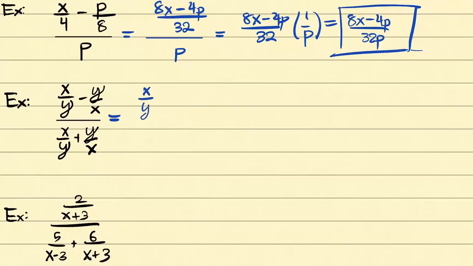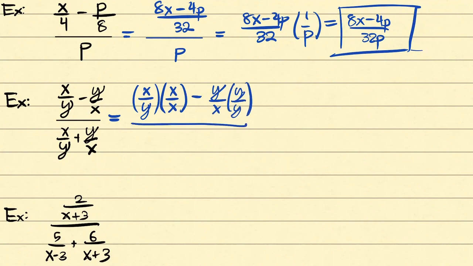I'm going to take this one a little slower because the x's and the y's are kind of confusing. So the common denominator between y and x is y times x. So I'm going to multiply by equivalent terms to get me there. I multiplied the numerator and denominator by a quantity equal to 1, but notice now I have y times x and y times x as a common denominator.